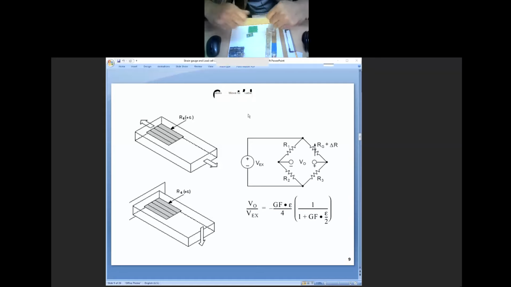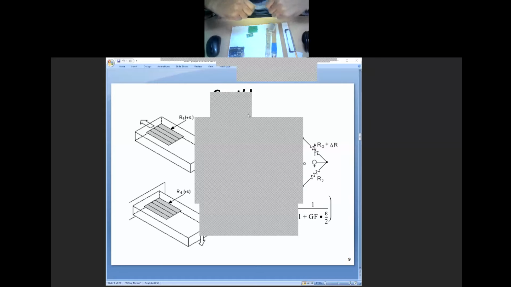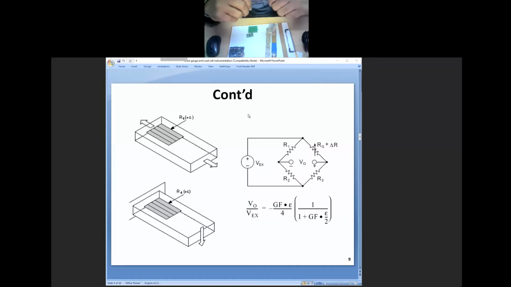Let's say I'm pulling it like this. It can only sense that strain which is parallel to its axis. So it can only sense normal strain, elongation or compression, tensile load.